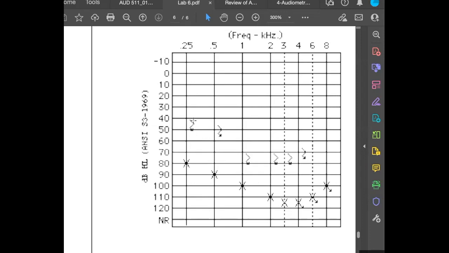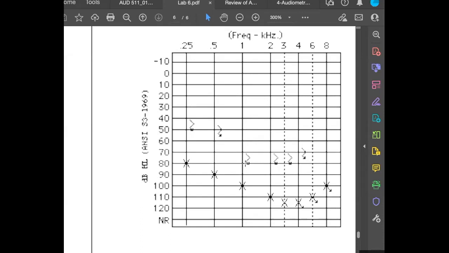So the audiometer won't let you go past a certain point. At 1,000 hertz, this audiometer didn't let the tester go past 75 dB. The tester was not able to get a response from the patient at 75 dB, and the equipment would not let them go any higher. So at that point, we say no response. We were not able to obtain a response at the limits of the audiometer.